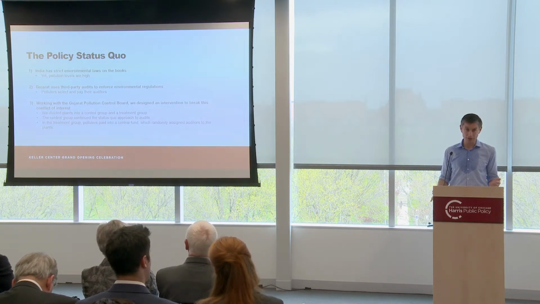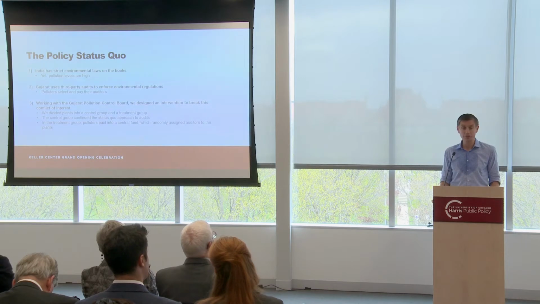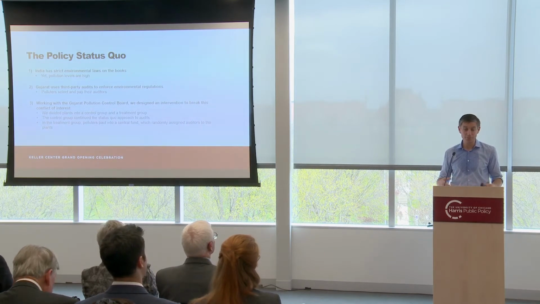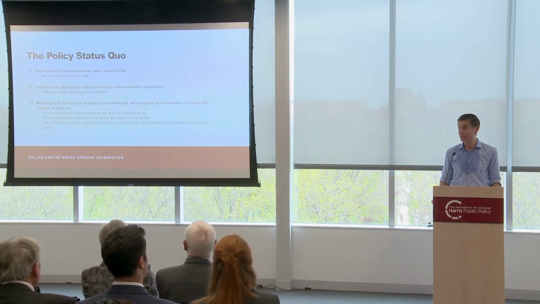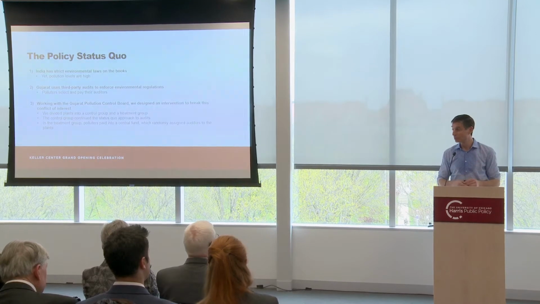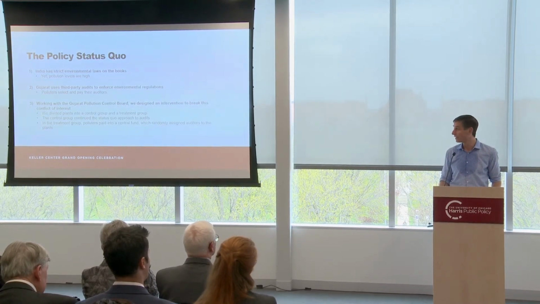One is government inspectors went door to door and took readings. And the second was a requirement that all polluters of a certain size had to get a third-party audit, so an environmental company would come and take a measure of what their pollution was and send it to the regulator, and in principle, the polluter could be fined for that.